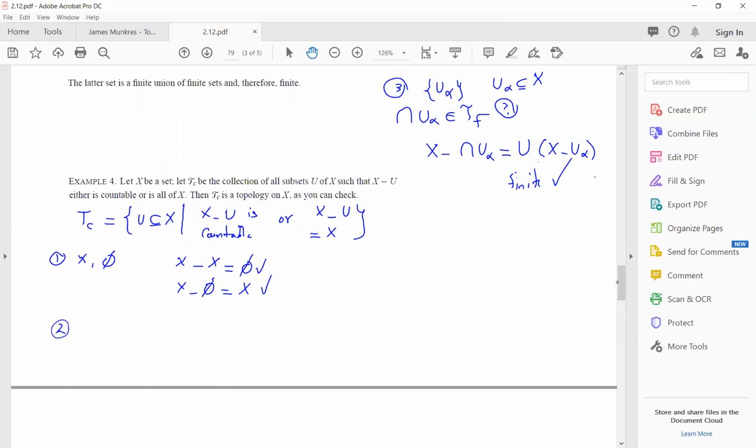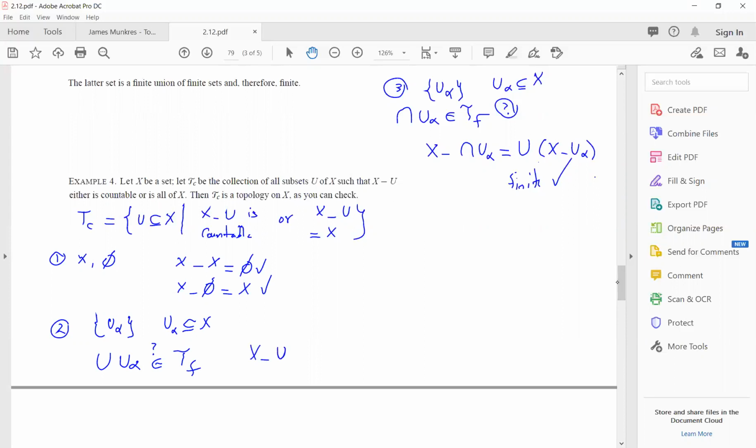Two, we need to show that it's closed under arbitrary union. So suppose you take a collection of subsets of X which are members of tau c. We need to show that the union of these subsets of X is also a member of tau sub c. So let us put a question mark here.